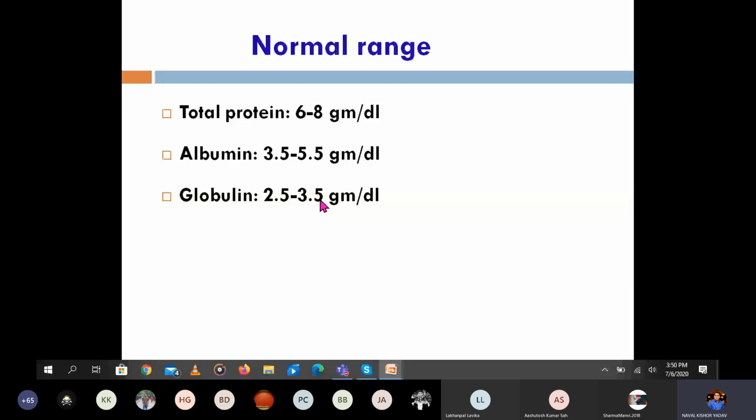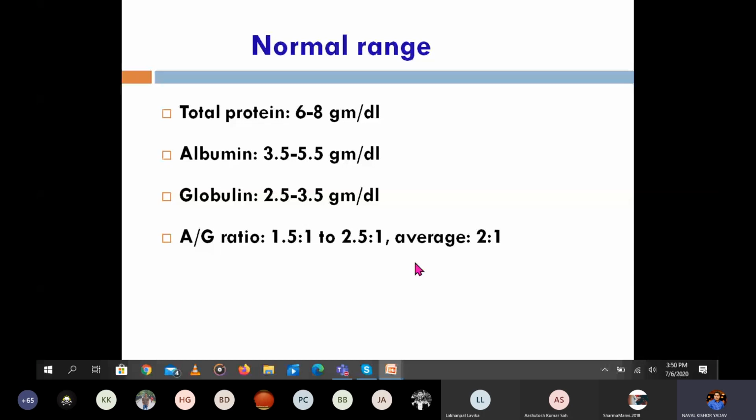And you can take the ratio between the albumin and globulin, that is known as the A/G ratio, albumin by globulin ratio, and that is 1.5 to 1 up to 2.5 to 1. On average you can say 2 to 1, that is the A/G ratio. So these are the normal levels of proteins which are commonly measured.